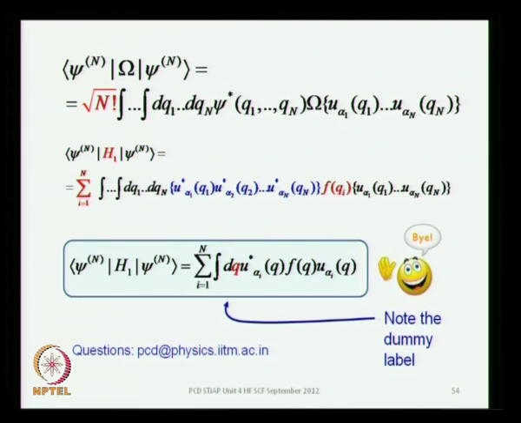So the dummy label q replaces this, and we have now arrived at a very simple expression for the matrix element of the one particle operator.